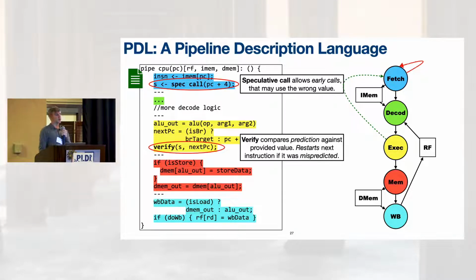So PDL requires you to verify that your prediction was correct or incorrect. Where you had that call before, we've replaced it with a verify that says the real next PC is whatever was computed. And in the circuit, this will generate code to check the prediction against the correct value and restart the instruction if it was mispredicted.